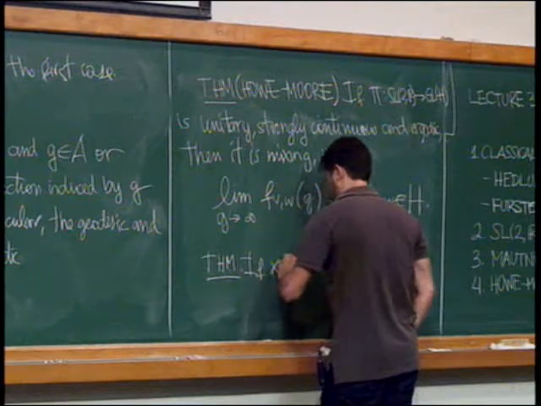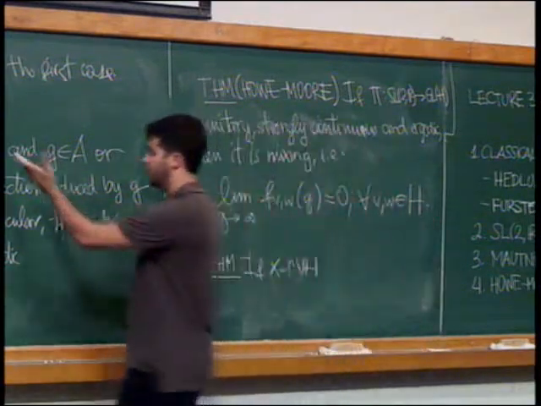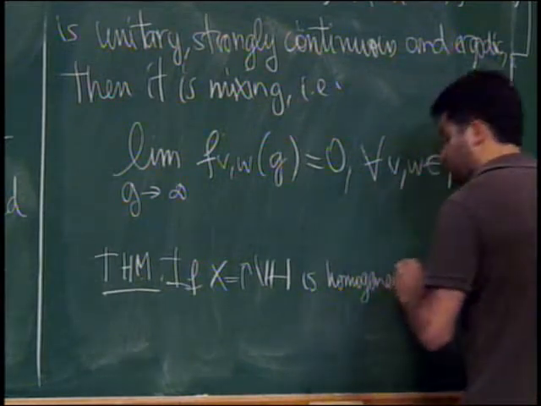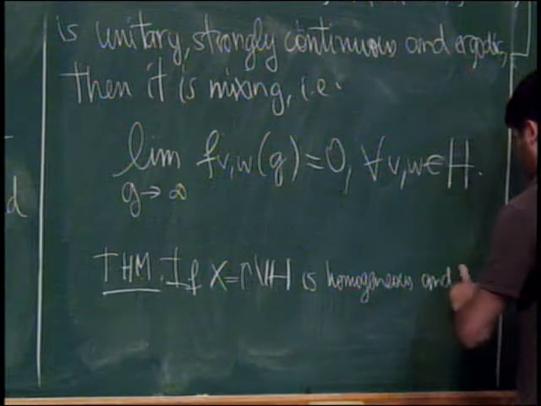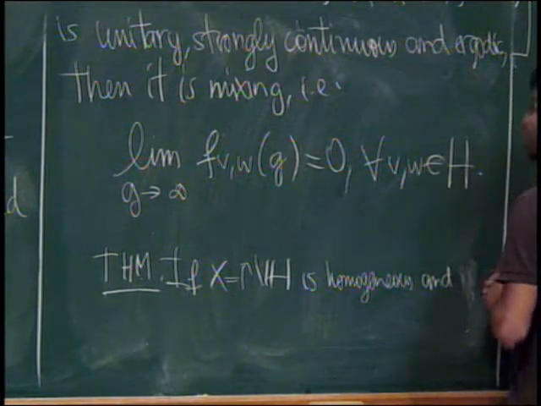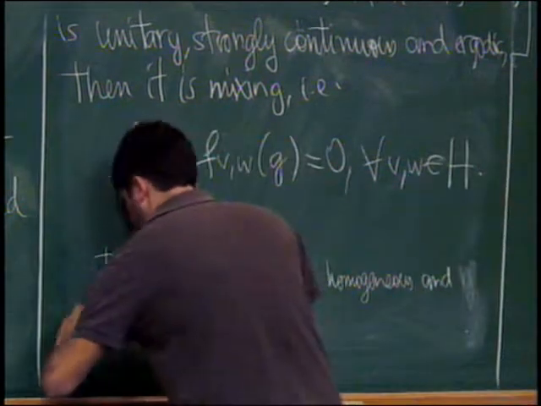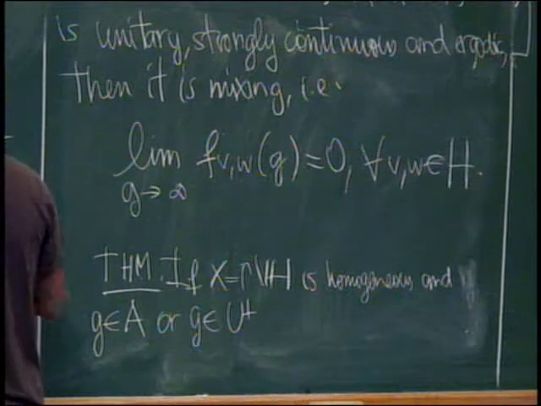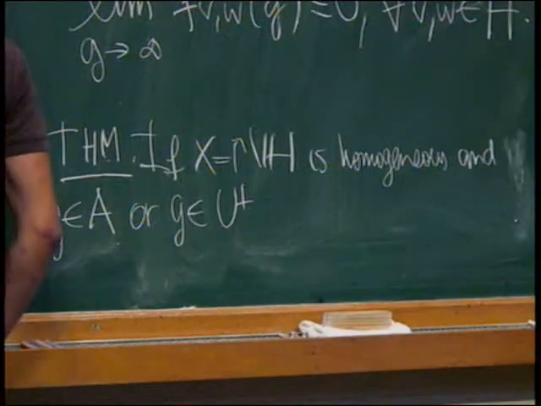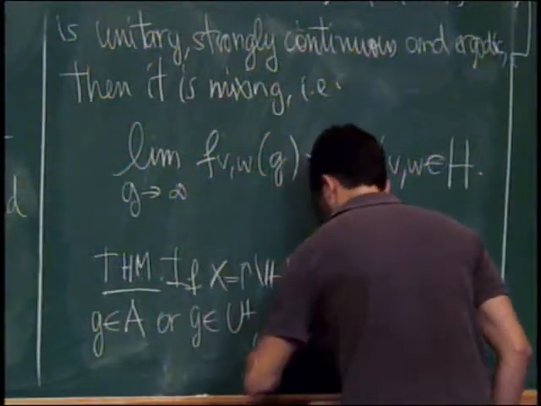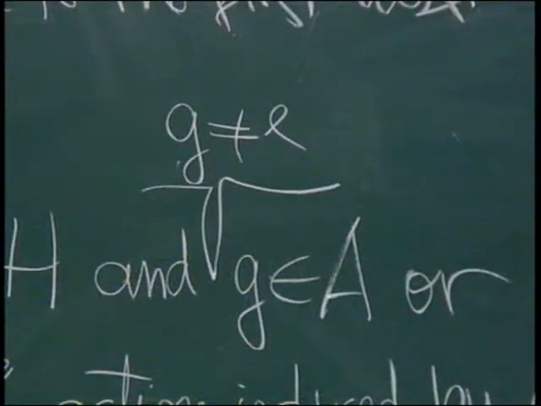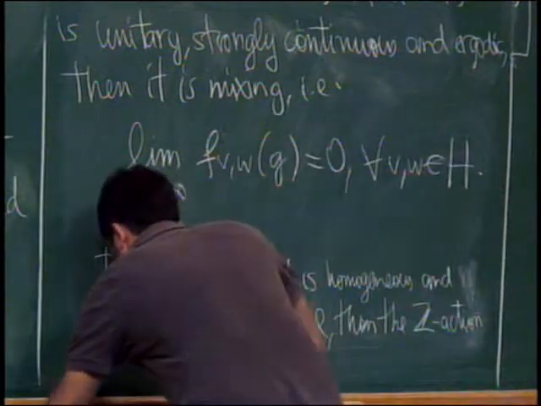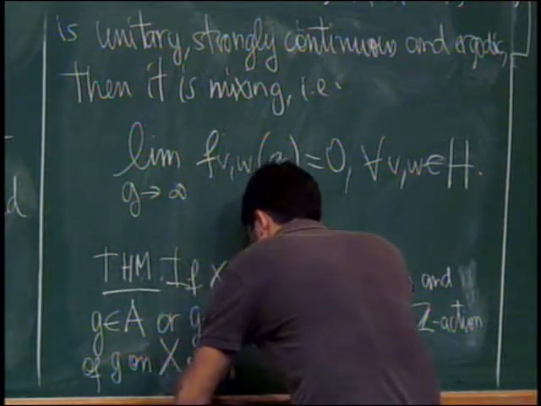So if X is homogeneous, and here I forgot to say that, of course, gamma should be a lattice, and g is either in the diagonal group or in U plus, and again, I forgot to say that g is not the identity, then the Z action of g on X is mixing.